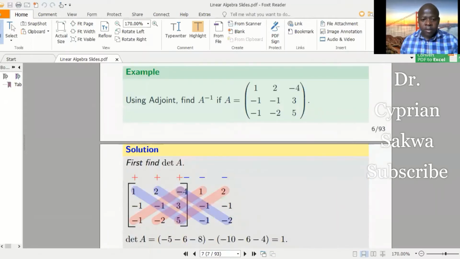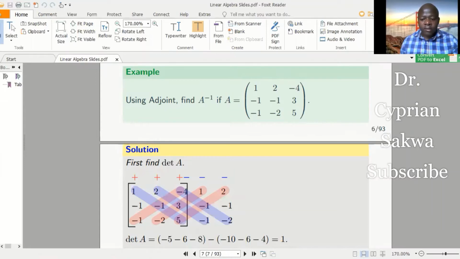So this is my example, and the question says, using the adjoint method, find A inverse if A is this.